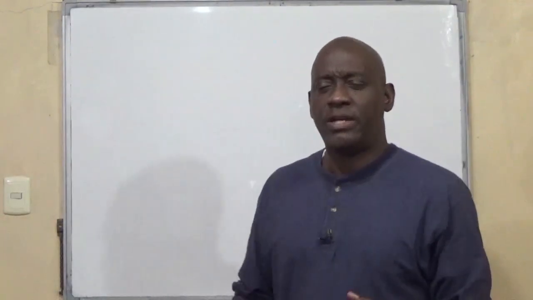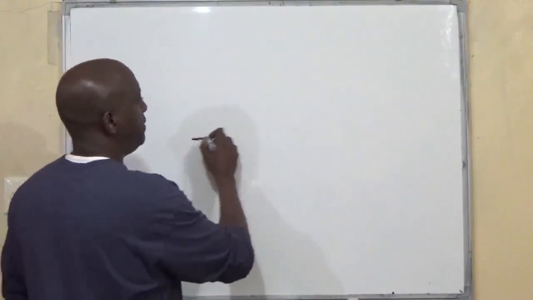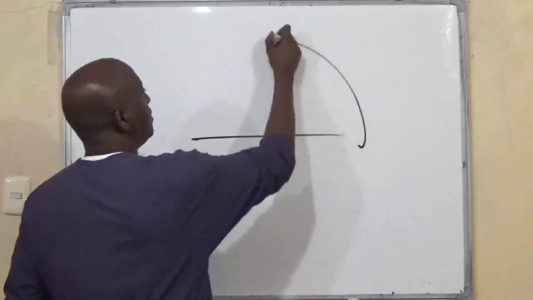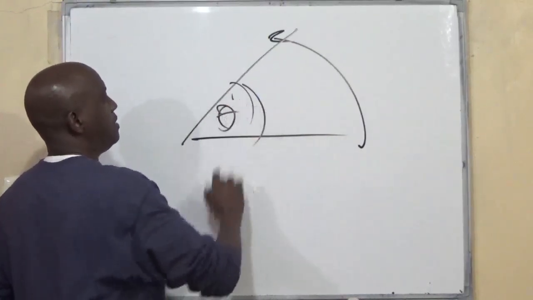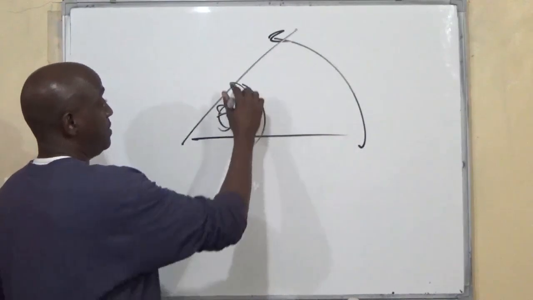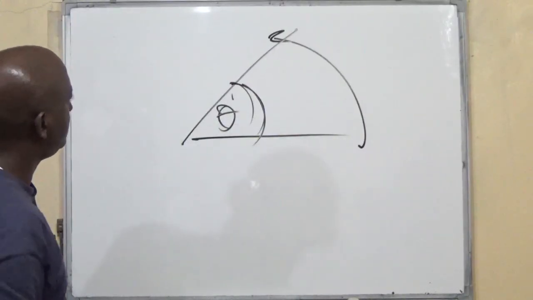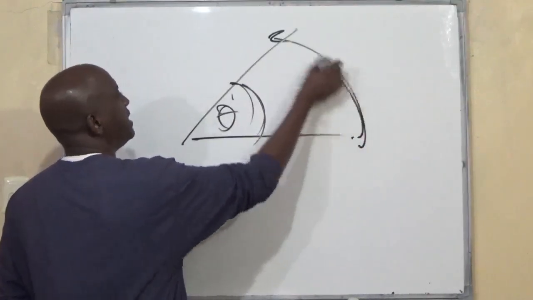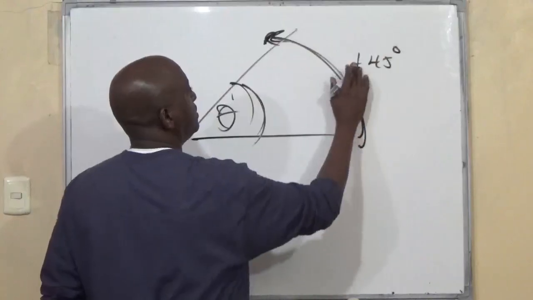How about if we're talking about rotation, measurement of angles, right? Angles measured anti-clockwise, that is positive. So if this looks like about 45 degrees, if we move like this, that is plus 45 degrees, right?